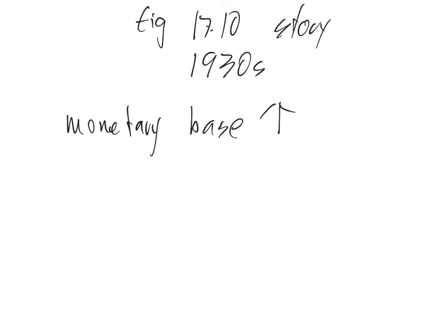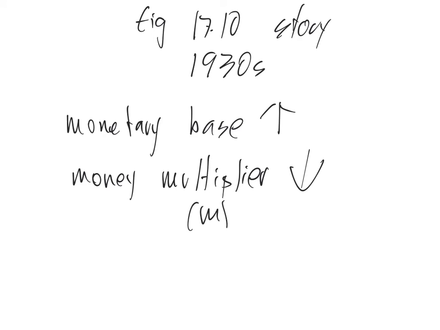But the money supply was not going up. How come? Because the money multiplier M was going down. So the central bank was injecting money into the economy, but it wasn't circulating because banks and people, as soon as they got money, held on to it. They didn't circulate it.